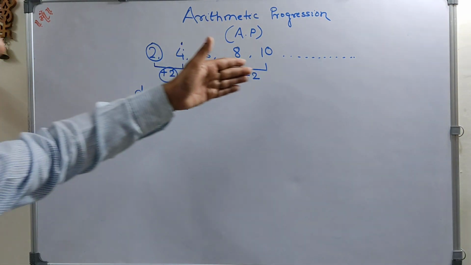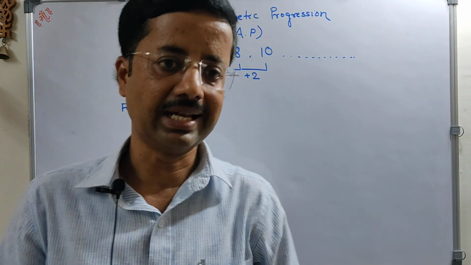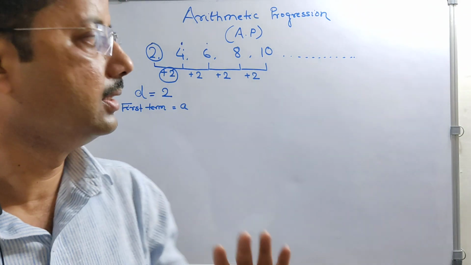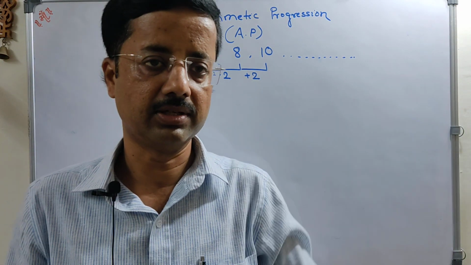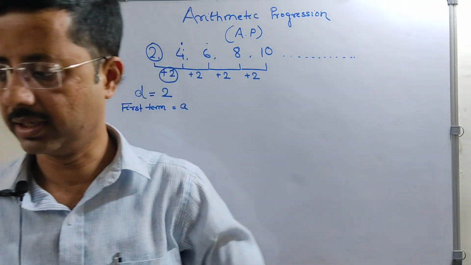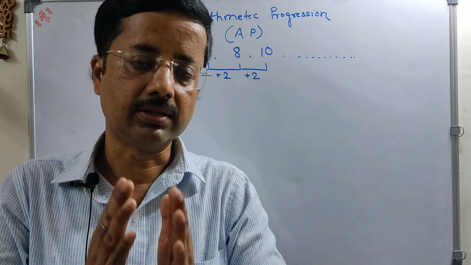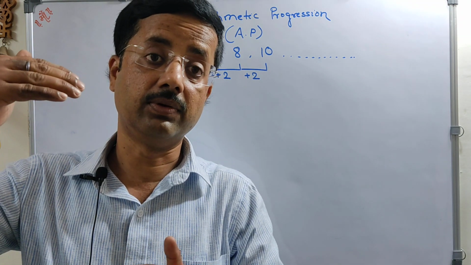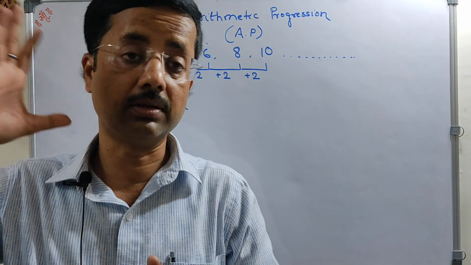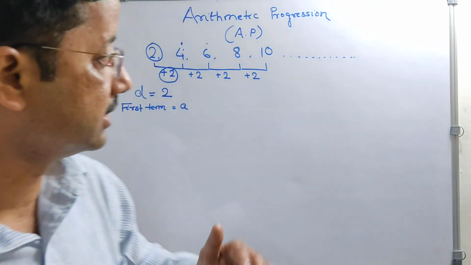Now in this case, suppose I have to find the fifth term, the ninth term, the 10th, 12th, 13th term, we can find them by adding the constant number 2 to the terms. But suppose we need to find the 100th term of this series, or the 1000th term of the series.